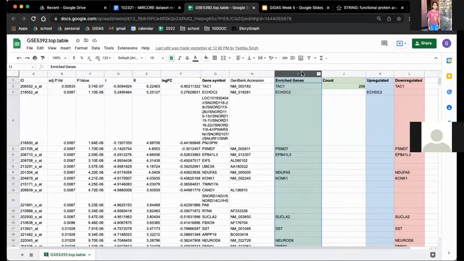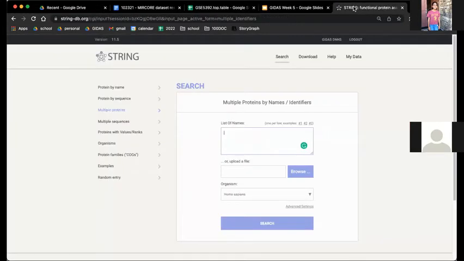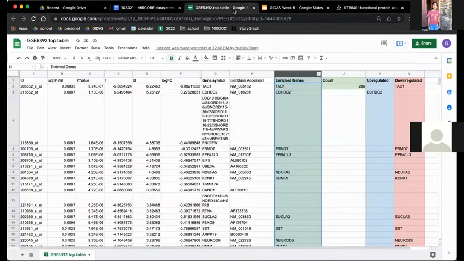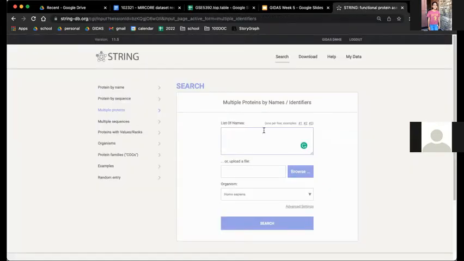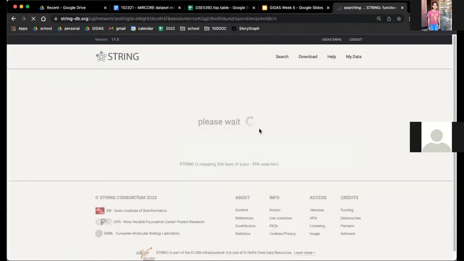Oh my goodness, my computer is so slow. It's not loading. Okay. It's loading.